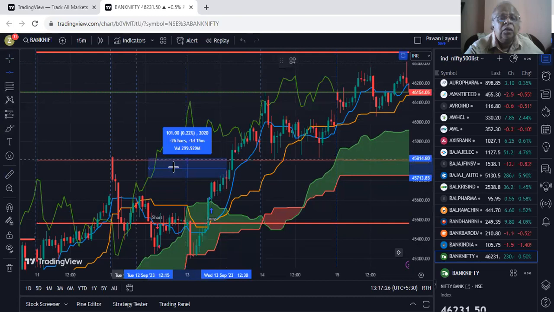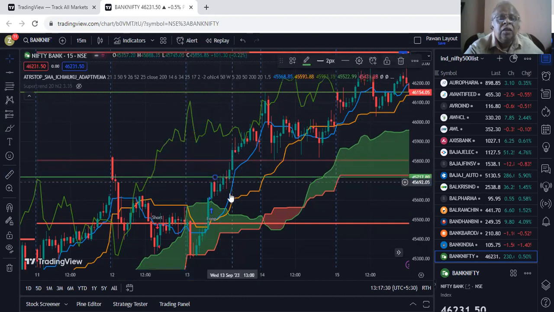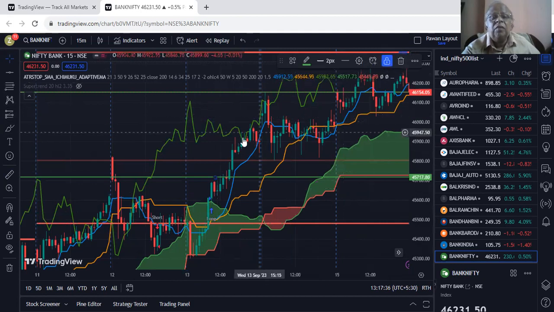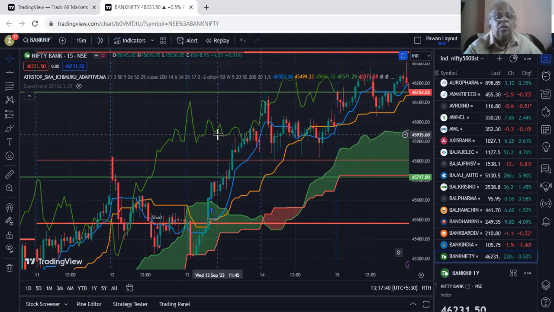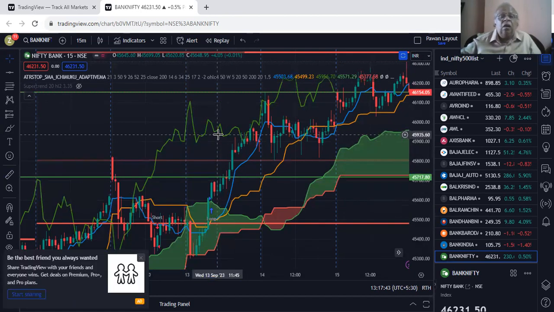So we will put one horizontal line here, and this will be treated as our trigger price. Above this level, one should enter, not below that, because in that case, one has to face the retracement or any type of jerk. To avoid this jerk, one should get into the trade above this level.